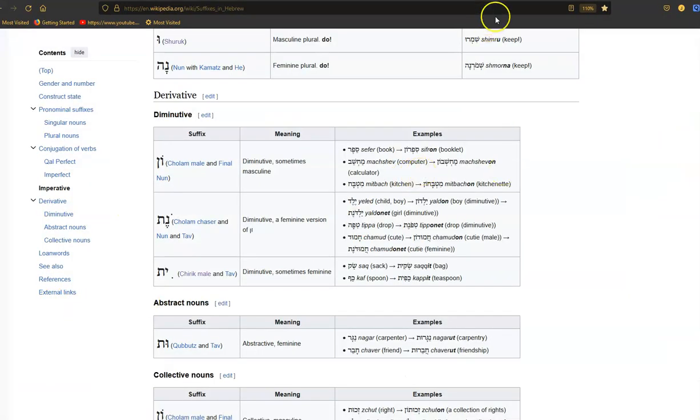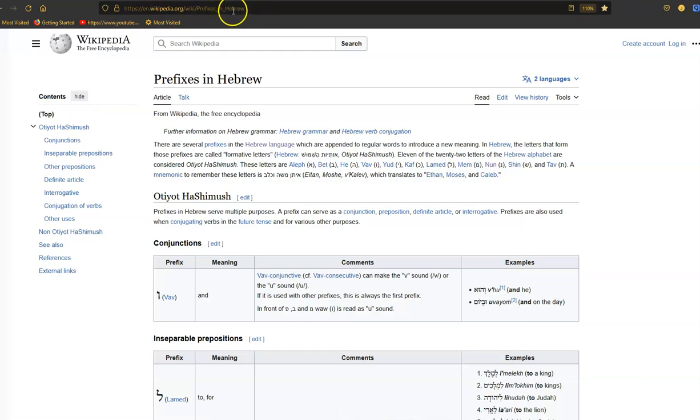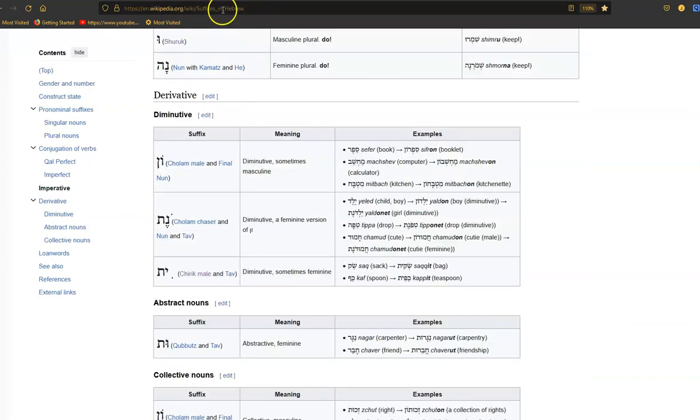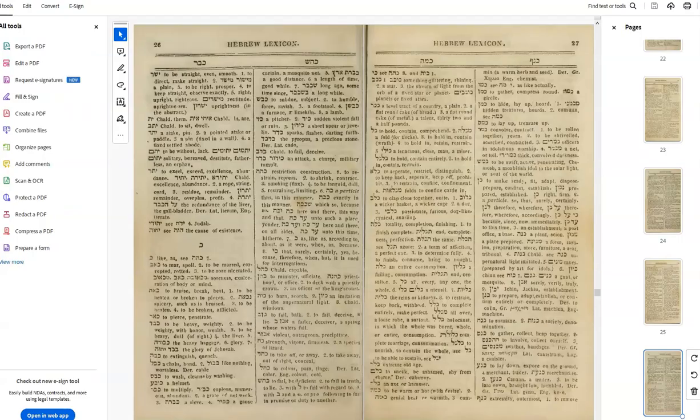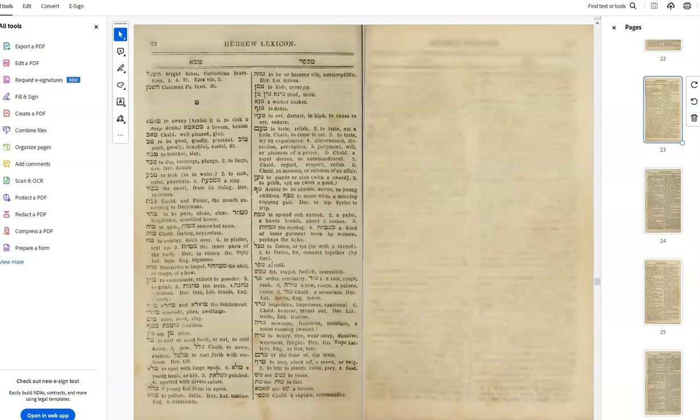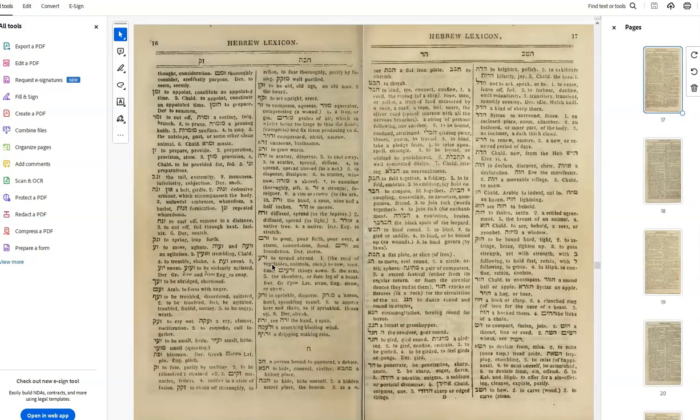I am also going to use the Wikipedia on prefixes in Hebrew and the Wikipedia on suffixes in Hebrew. These are not complete. There's other books that'll give us some decent information as far as the establishment goes. One of them is An Introduction to Hebrew Grammar by Frederick Nolan.